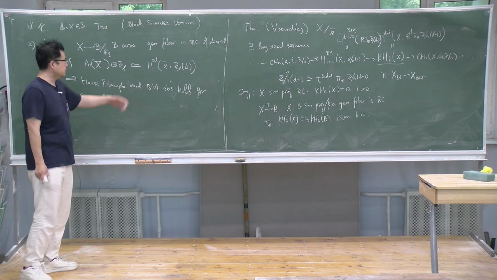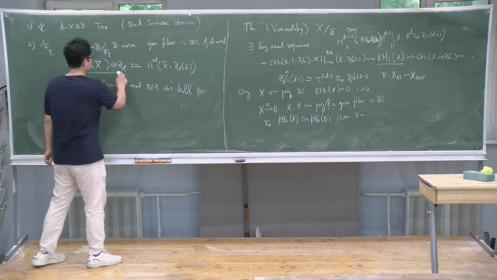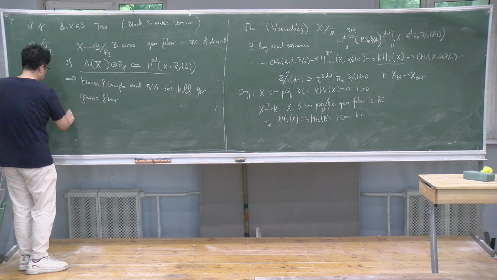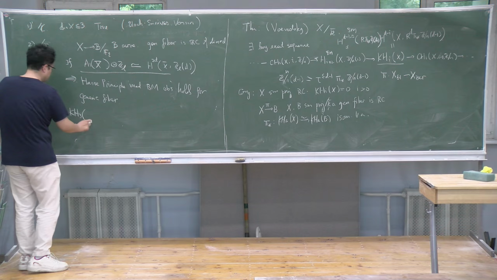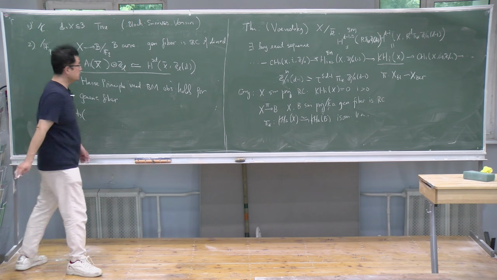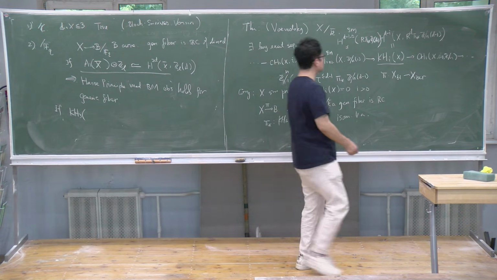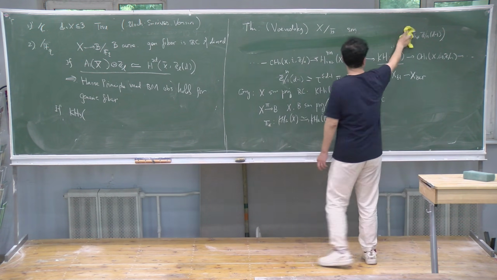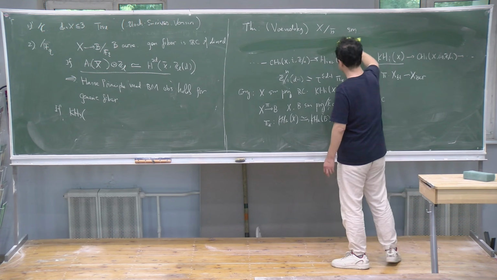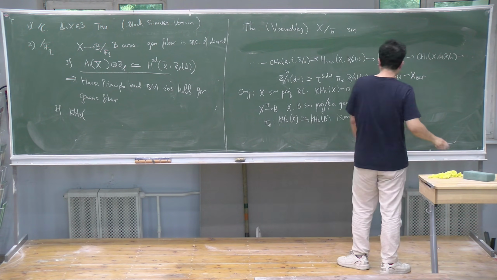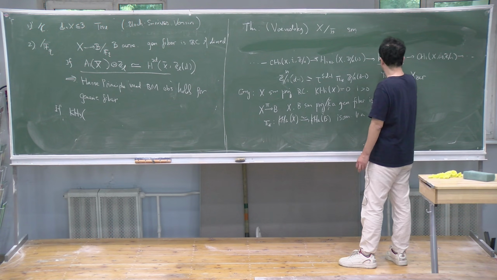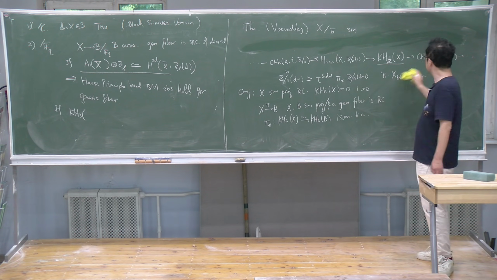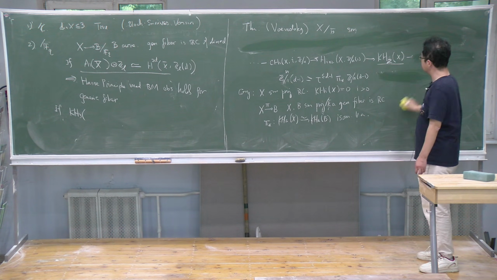Now if you think about this, this is really just saying that, let me look at this. We have this long exact sequence. Let's look at when i is, here, this is also i plus 2. So we have this, right?